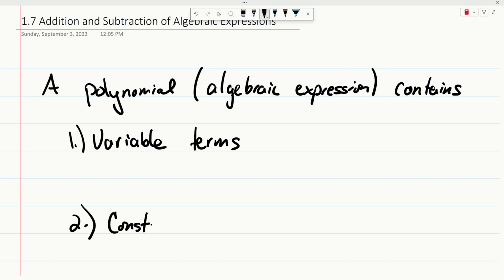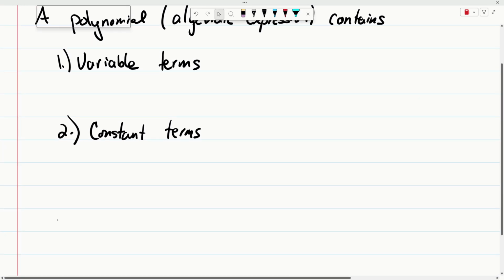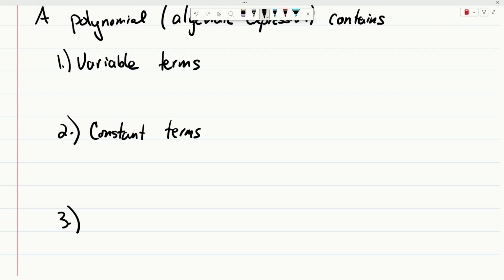Constant terms, and 3. Math operations. Now, notice how I left the space there. Please leave a space. So, variable term, something like 3x.